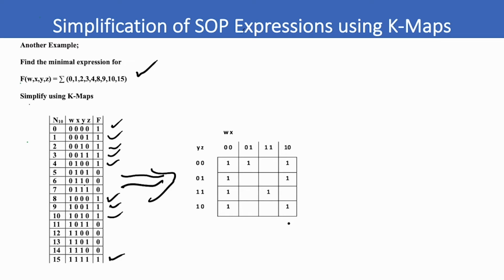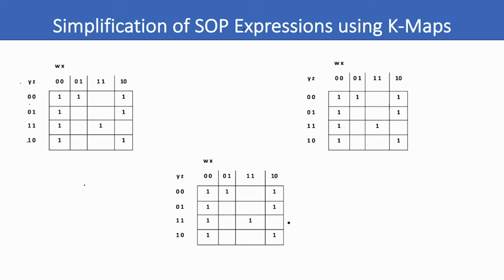Okay? So for this particular example, we're going to split up, because I know there's going to be like 5 different covers. We're going to do 3 covers first, and split the map up because it gets kind of messy, and then we'll do the final 2 covers.